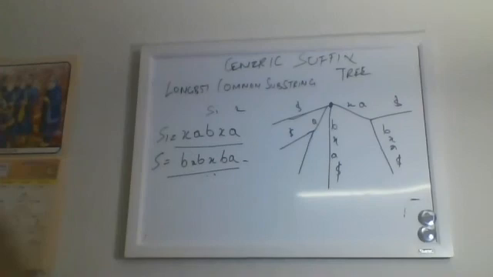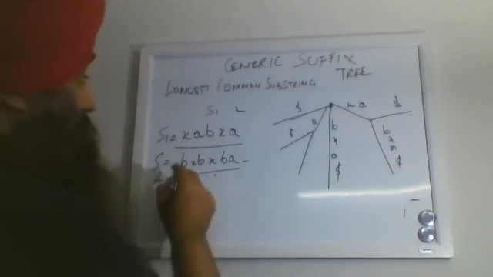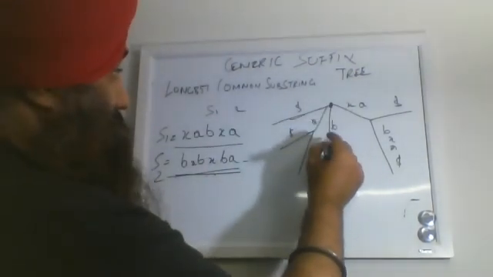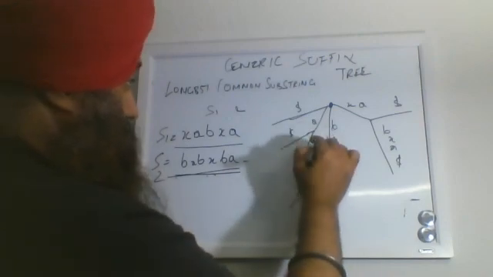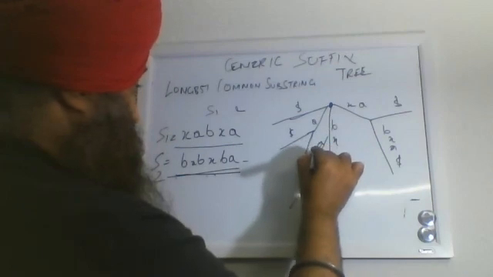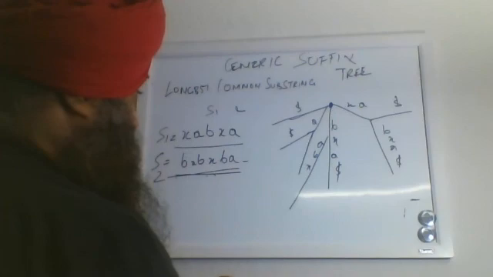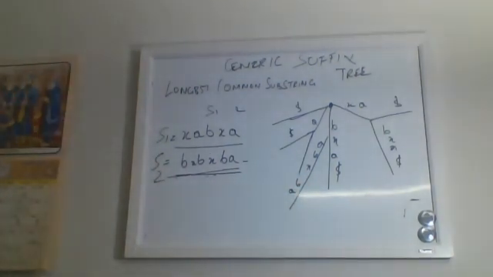Now you have constructed a general suffix tree for XABXA. Now you construct the suffix tree using this for the second string S2. First is this whole suffix. You start from B. You see A is not there. You add a node A, B, X, B, A.